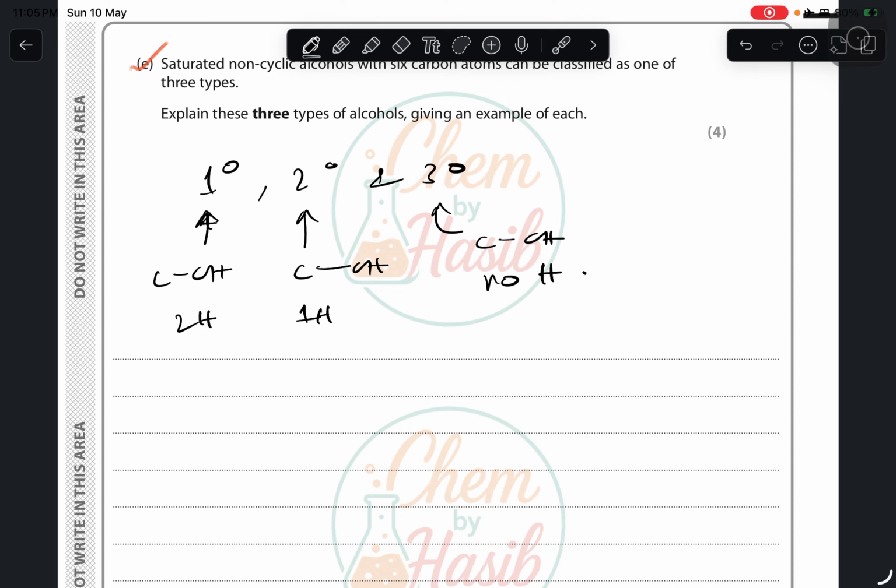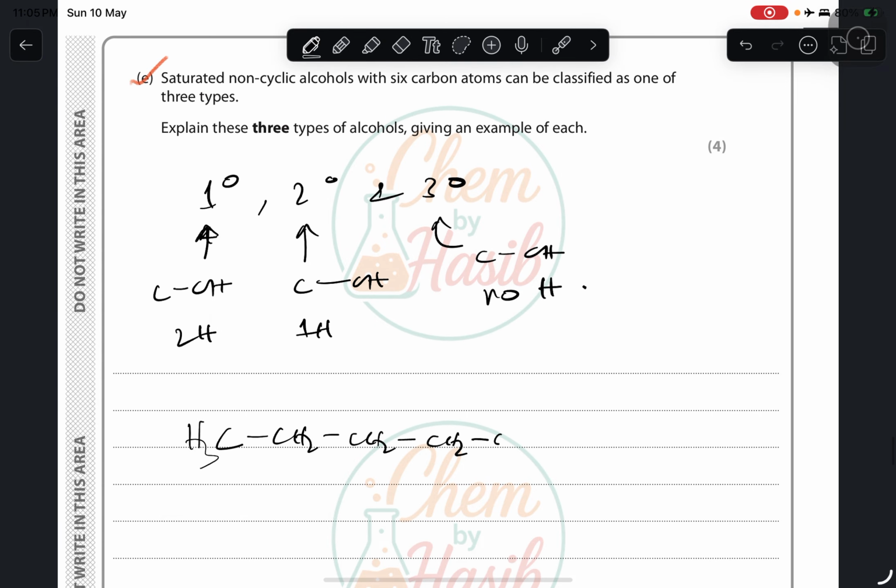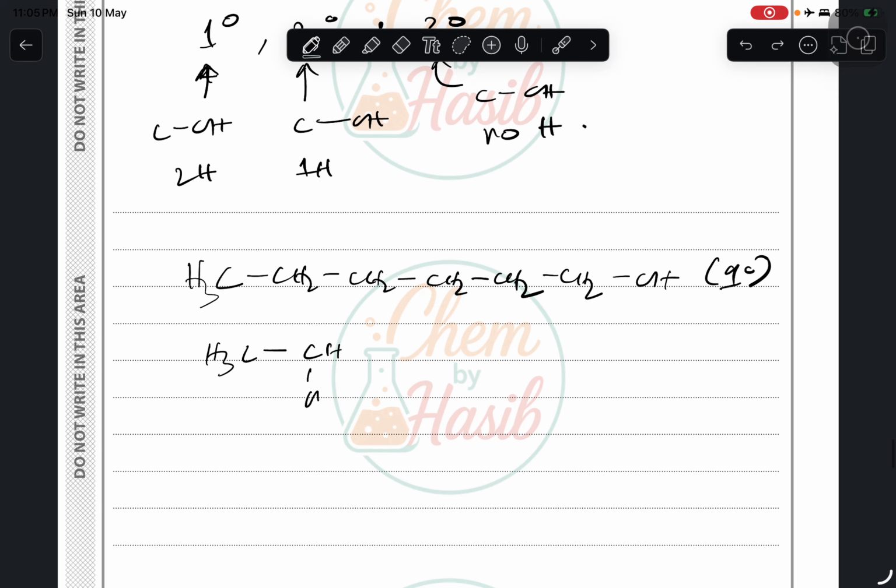A molecule with 6 carbon atoms: CH3, CH2, CH2, CH2, CH2, a non-cyclic saturated alcohol. 1, 2, 3, 4, 5, 6 carbon atoms, which is 1 degree. You mention that it's 1 degree. Then you draw a secondary one, where the carbon bearing OH must have only one hydrogen. So that's 2 degree. 1, 2, 3, 4, 5, 6.